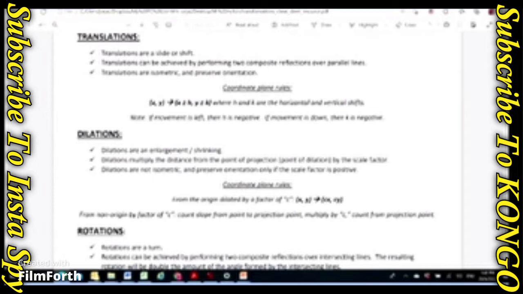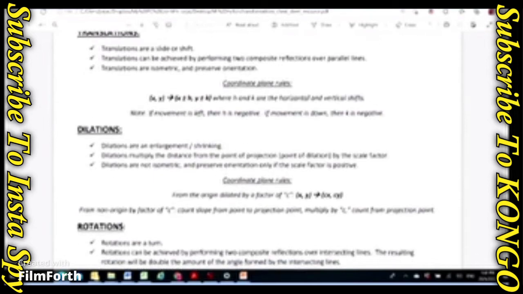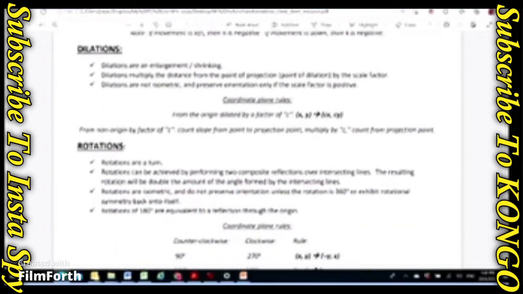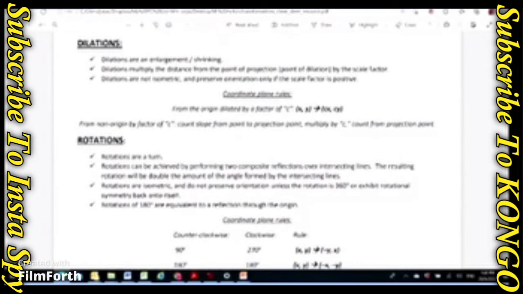You just add the translation to the coordinates. Dilation is an enlargement or shrinking. You just multiply by the number, which is known as the scale factor. The scale factor can be greater than 1, or less than 1.